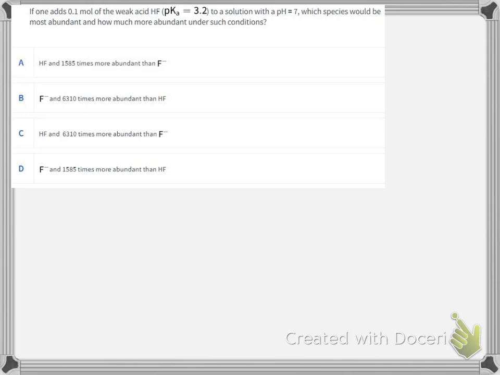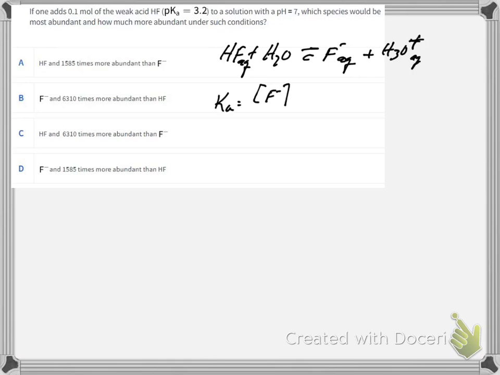Which species will be most abundant, and we want to quantify it. All right, so here we're starting from Ka. Well, first we're going to write the equation just to make sure it's clear. We're under Ka here. And if we write Ka, it looks like this.